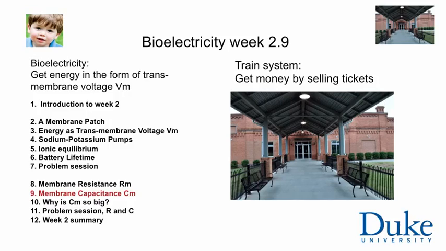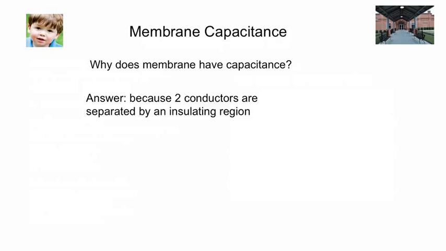In this segment, we talk about membrane capacitance, and the capacitance per unit area is designated C sub m. First, it's worth asking, why does membrane have capacitance?